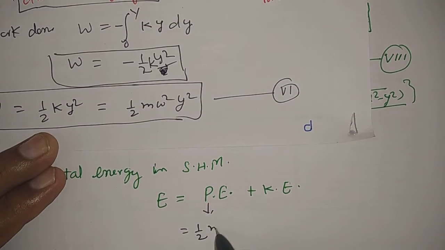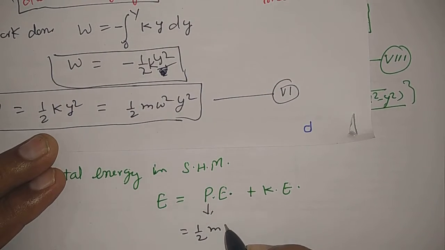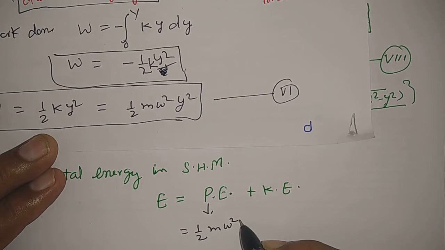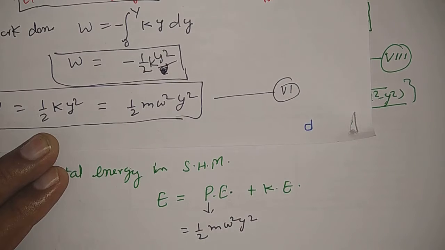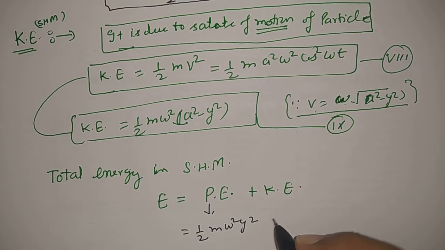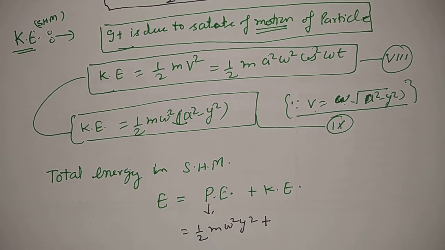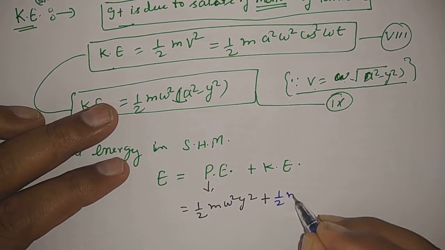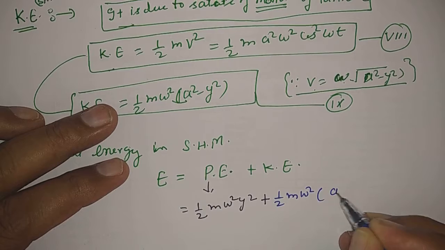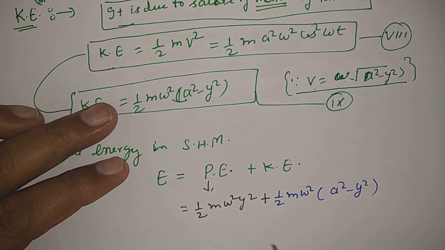Half m omega square y square, and kinetic energy is given as half m omega square (a square minus y square).